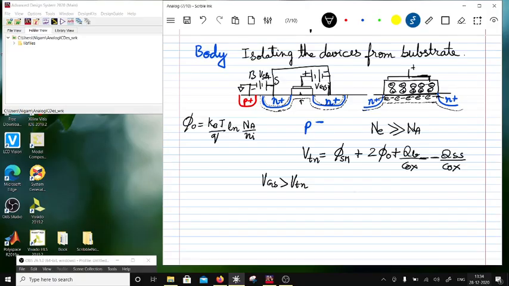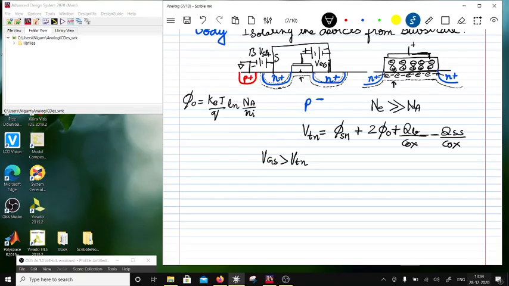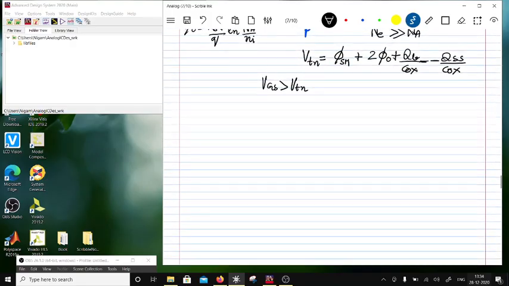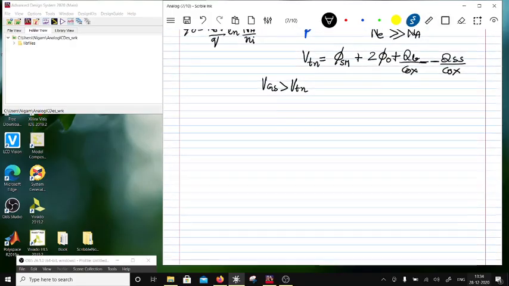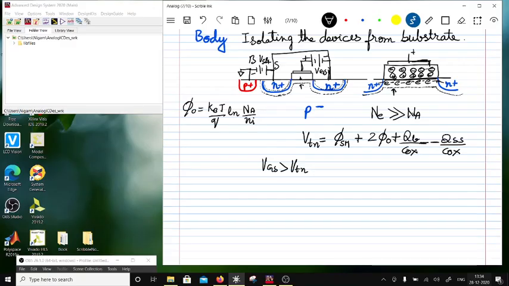Now if you keep increasing VGS but your VDS is 0, then the channel depth will keep on increasing, but the charges will not flow. For the charges to flow, you will have to apply another field. You have one field, which is a vertical field.